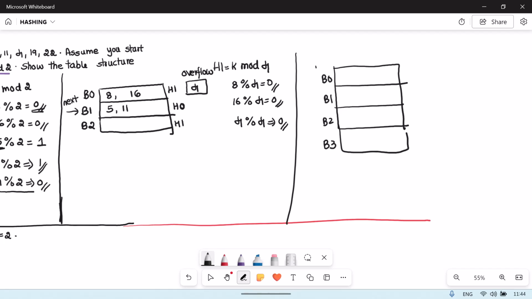This was the one that was split. B0 is untouched, and B0 has H1. B2 is also part of it, so that will be H1 only. But now B1 was split, no? So its hash will increase.